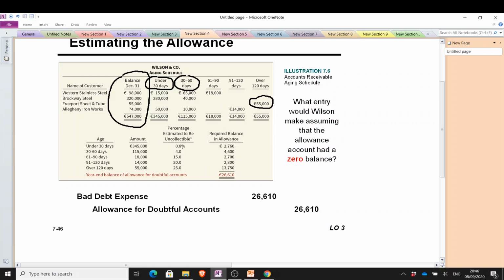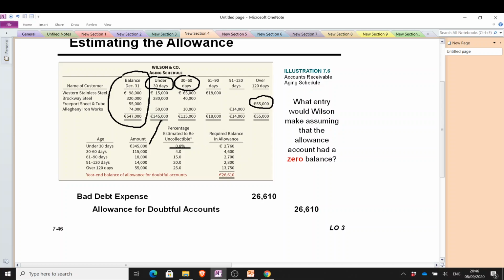Based on experience, if the accounts receivable under 30 days amount to 345,000, the percentage of uncollectible will only be 0.8%.